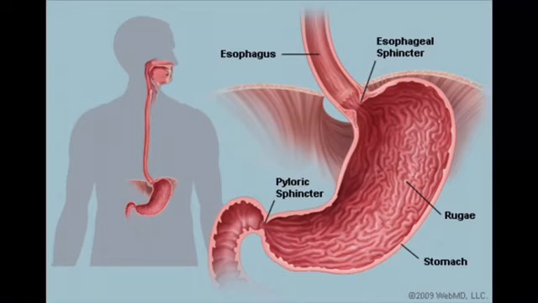In the stomach, the food again undergoes digestion. The inner wall of the stomach has some digestive glands called gastric glands. Gastric glands produce two things: one is the digestive enzyme pepsin, and the other is HCl, that is hydrochloric acid.